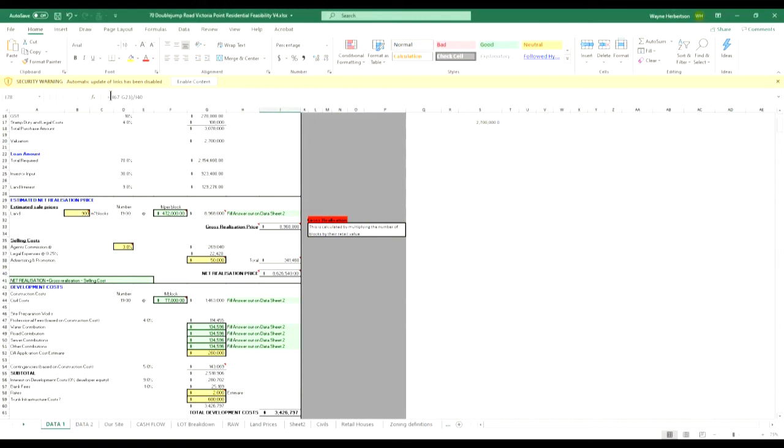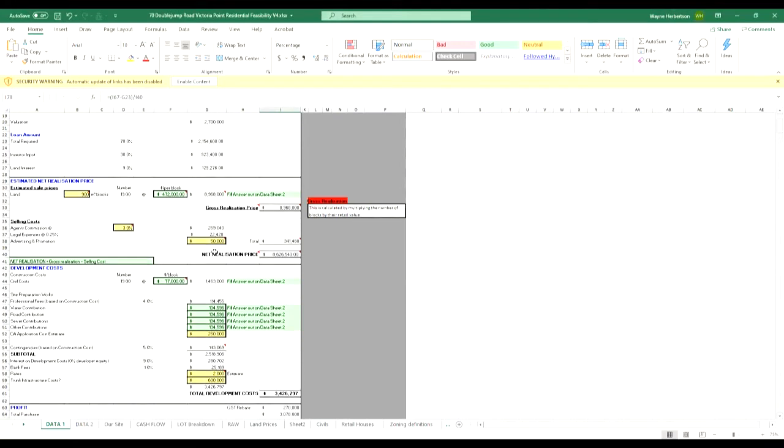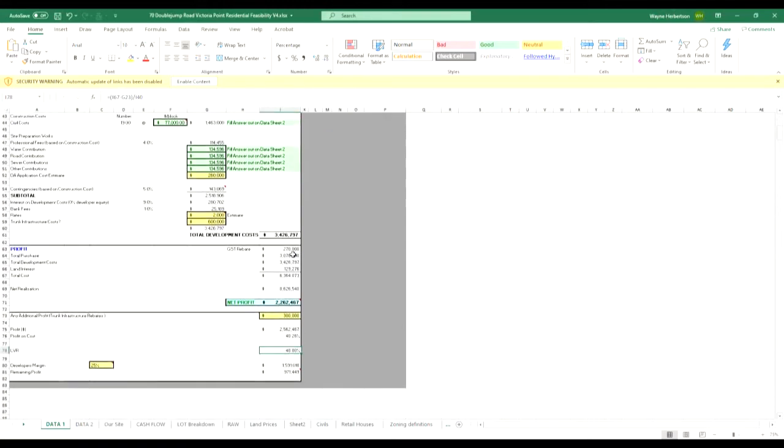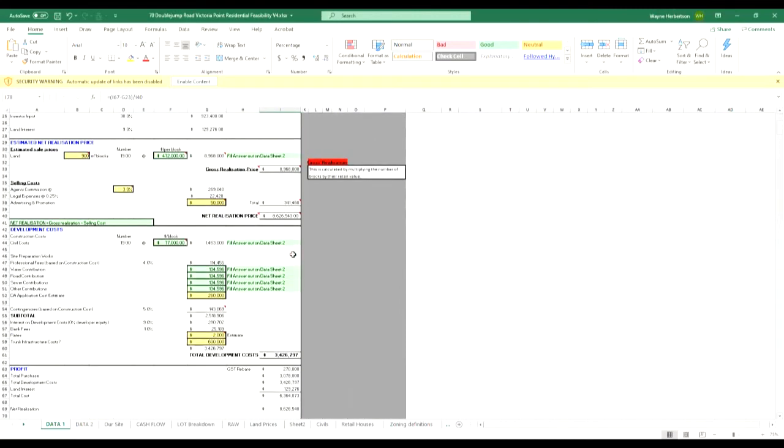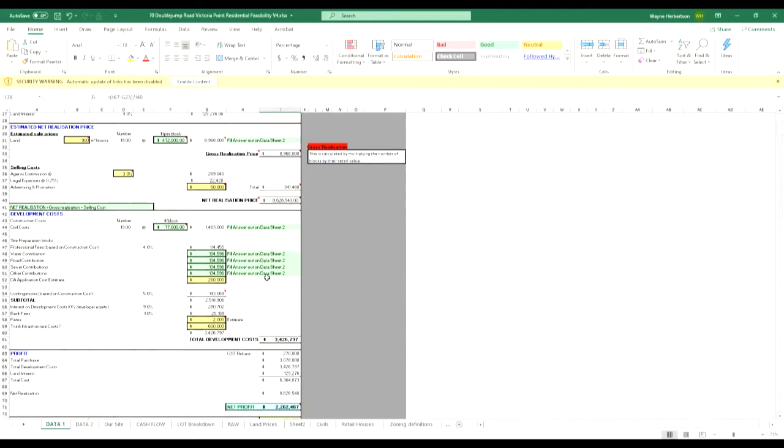And you minus those two and then divide it by I-40, which is the net realisation value. That is the LVR. The LVR, from my understanding, is lending value ratio, isn't it? Yeah, that's right. It's the lending value ratio over the total realisation price. So how much do I need to borrow versus how much am I going to earn?